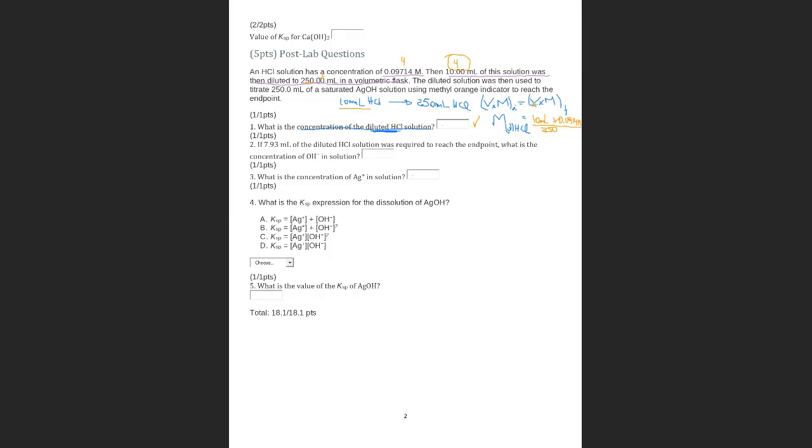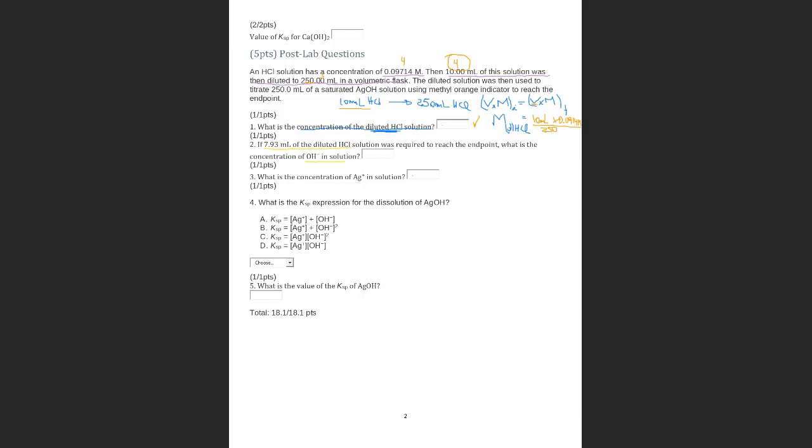Awesome. Okay, so let's look at the question. It says 7.93 mL of diluted hydrochloric acid was required to reach end point. What is the concentration of hydroxide ions in solution? So the first thing I have to do, always go back to the question and think about the reaction.